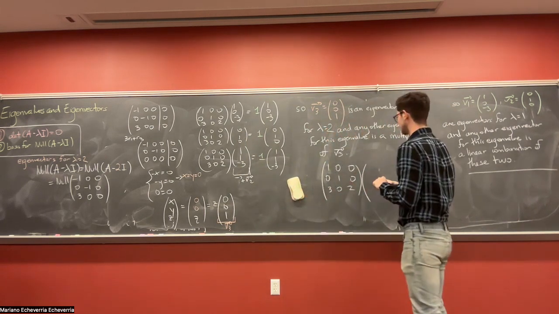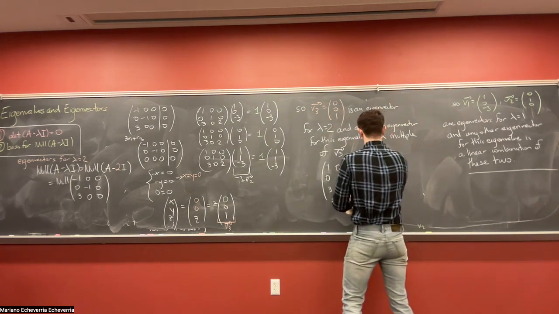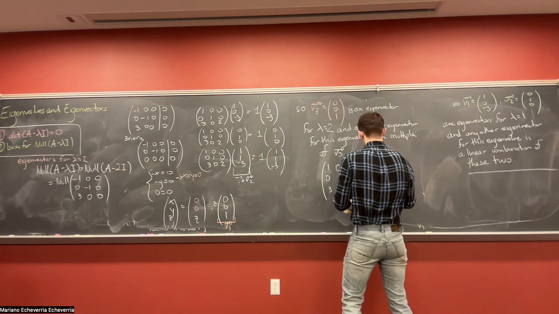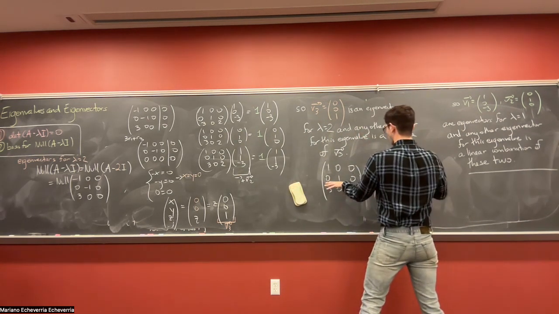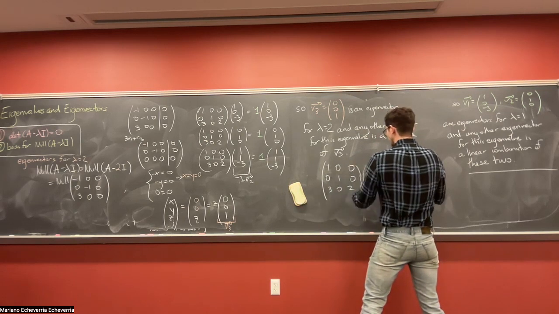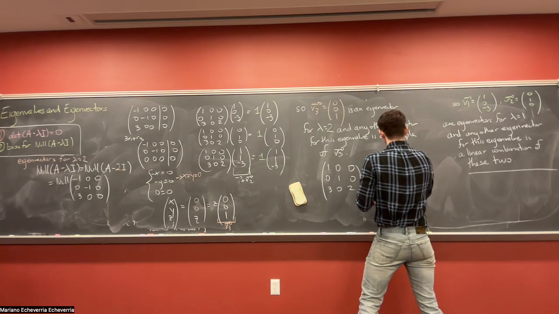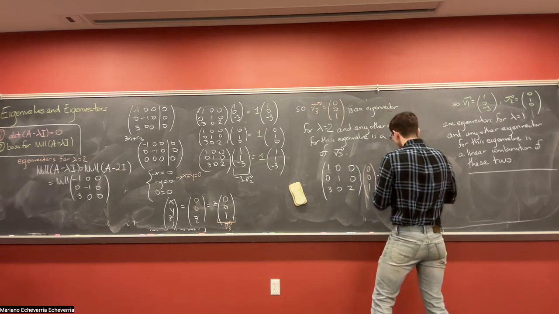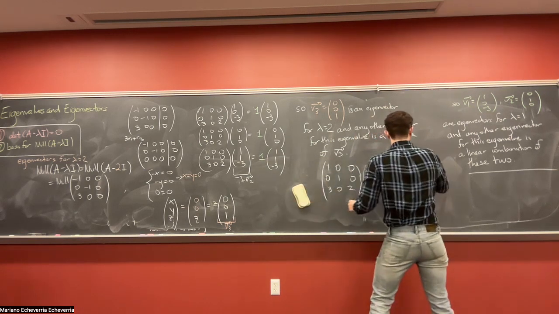If you take the matrix A and multiply it by 0, 0, 1, it's an easy product to do because there are a bunch of zeros. The only thing you end up getting is 0, 0, 2, but that is 2 times the vector 0, 0, 1.